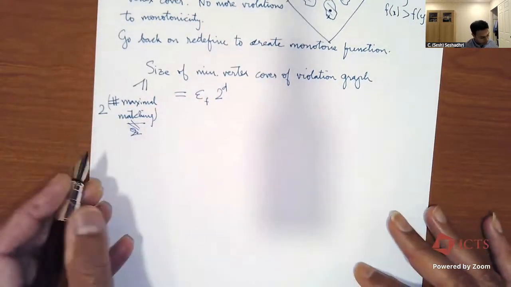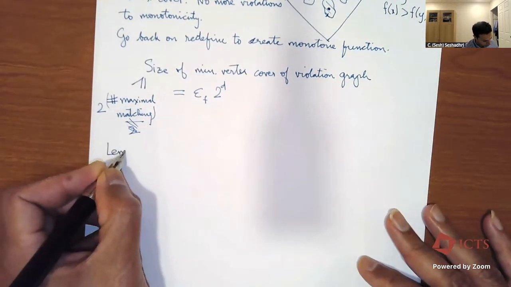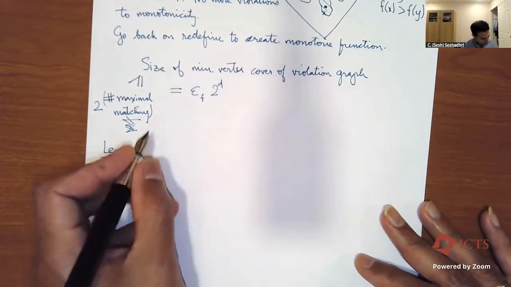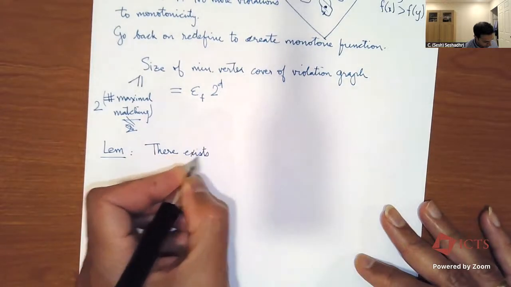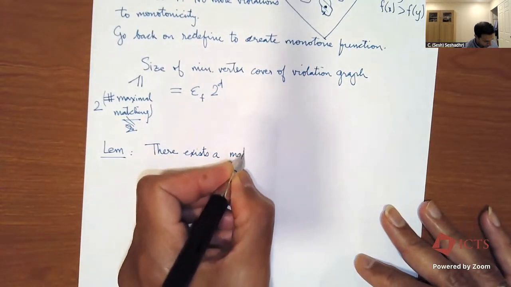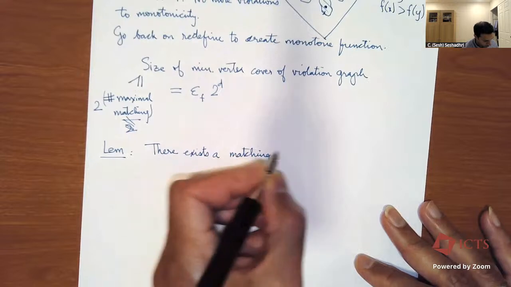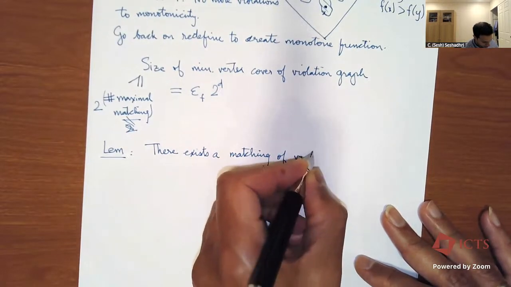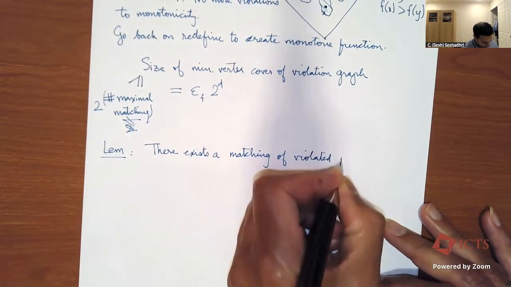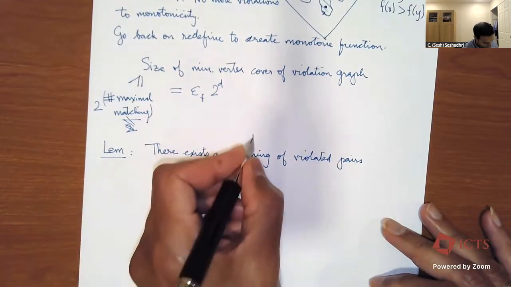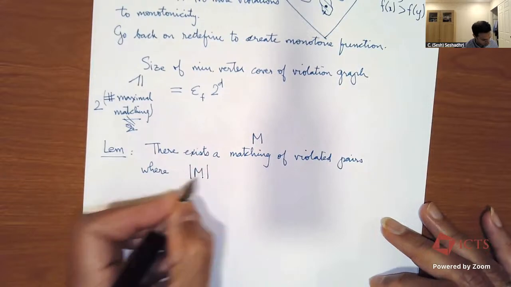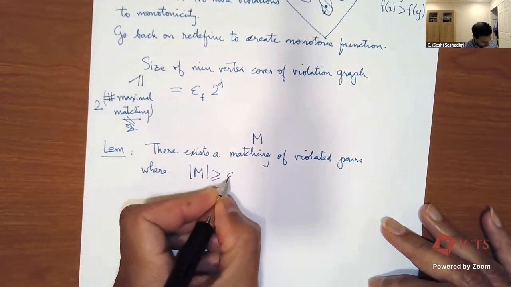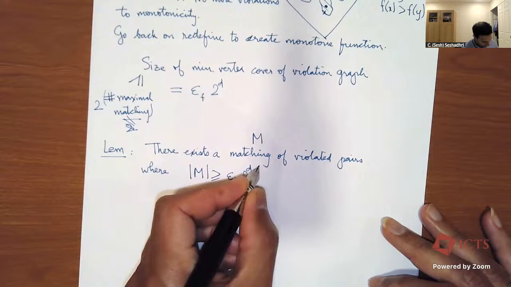So taking all of this together in this graph, what we get is this crucial lemma: there exists a matching M of violated pairs, where the size of M is at least epsilon f times 2 to the d minus 1.